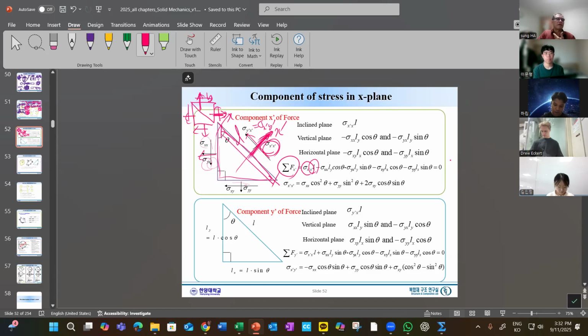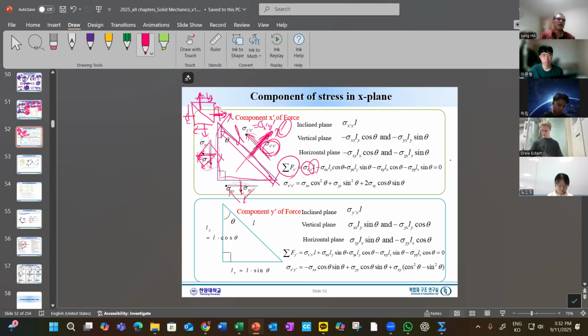And there is another x prime force. Well, this is not the x prime force, but this one will have a component of this one and this one, right? And this one also has a component, this one and this one. And this one also has components in this direction and that direction.